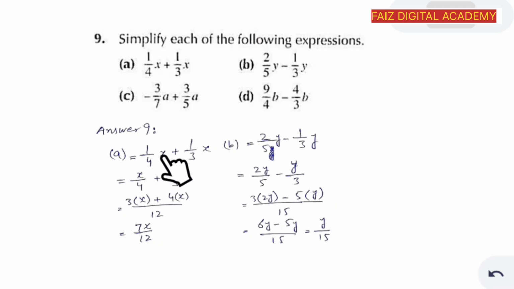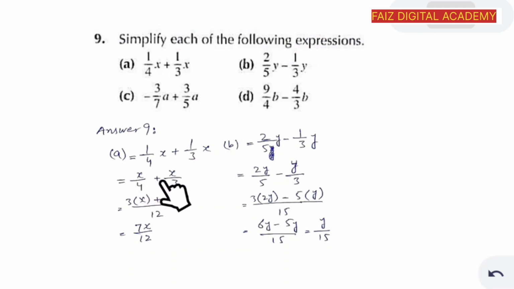So this x is being multiplied with the numerator and divided with the denominator. So we can write this 1 over 4x as x over 4. Similarly, this 1 over 3x can be written as x over 3 because 3 is being multiplied with the numerator and divided by the denominator.